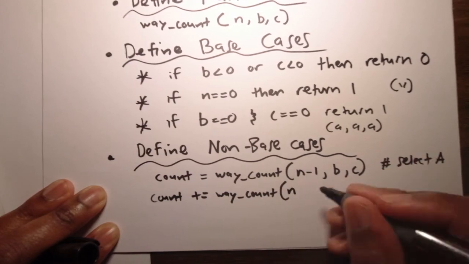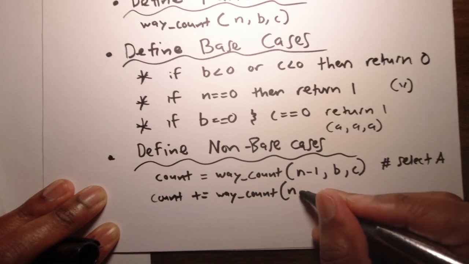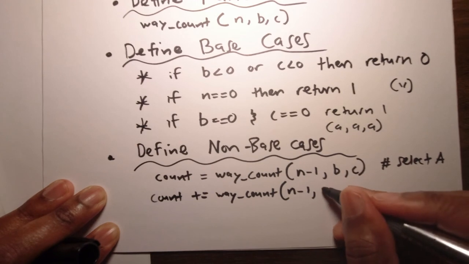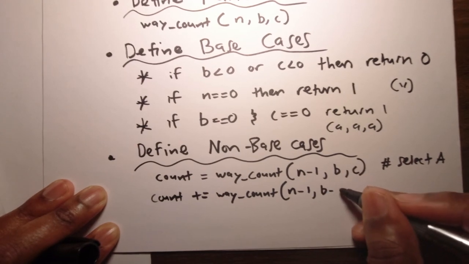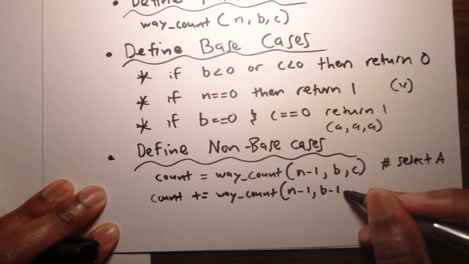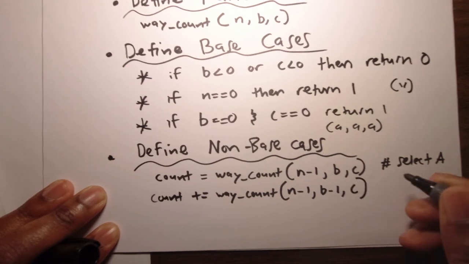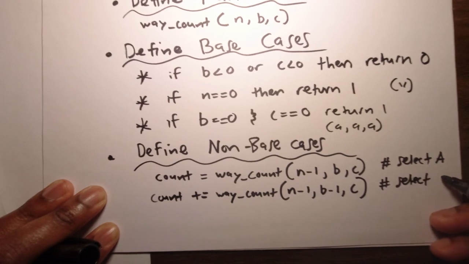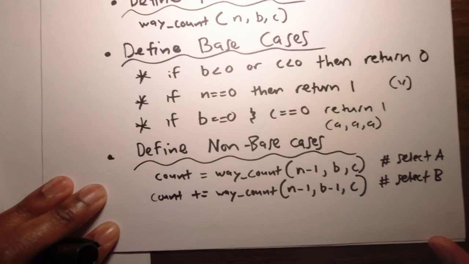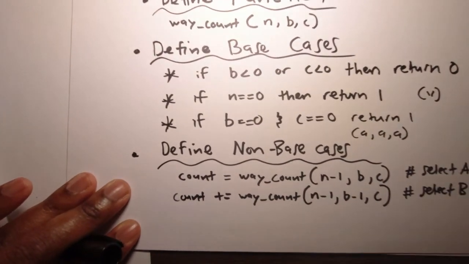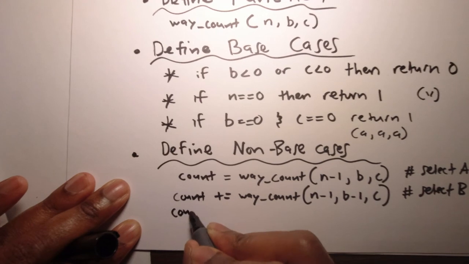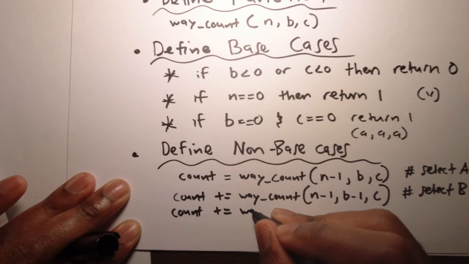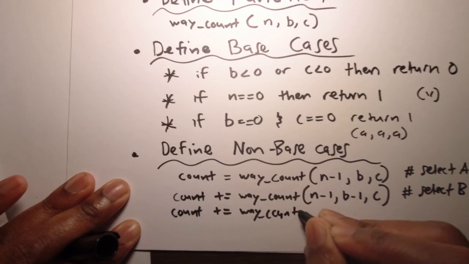And in that case, if we select a B, the string length is still decreasing, so we'll put this as n minus 1. And because we select the B, then that quantity is also decreasing too, so we'll put that as B minus 1. And then C is the same, so I'm going to put this as select B. There you go. Next possibility that we have is that we can select C. So here, using recursion, we're going to represent that possibility.